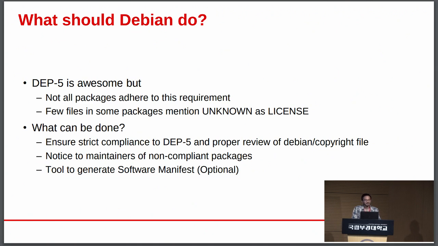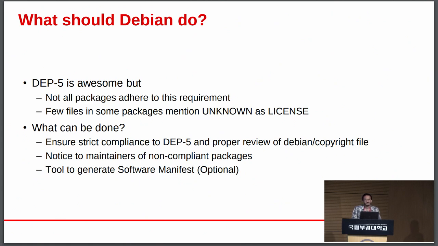Because of this issue, it basically gets a little difficult when we are releasing a Debian based image, because we don't really know what the license is, when we have to go to the sources of the package to cross check everything. So what can be done? We all have to ensure strict compliance to the Deb5, and I'm not sure if the second one is feasible, like maybe sending a notice to all the package maintainers whose packages are not really compliant with the Deb5, and also a tool to generate software manifest.